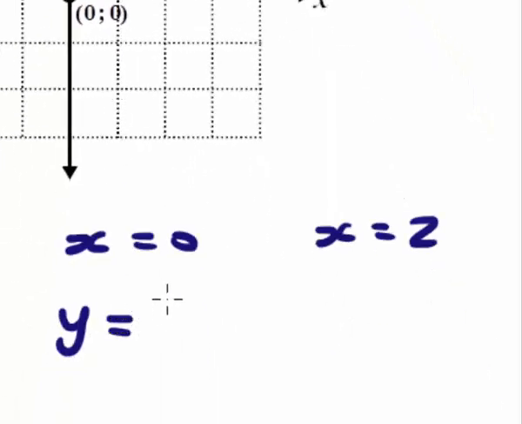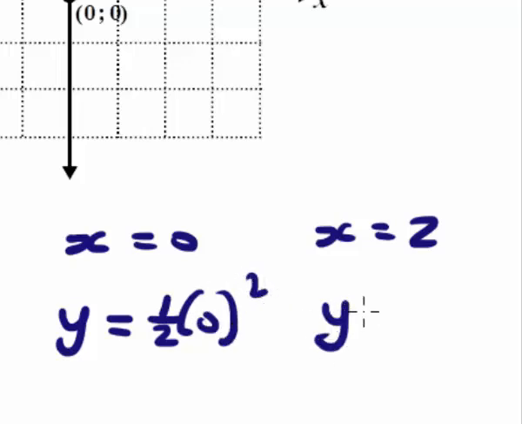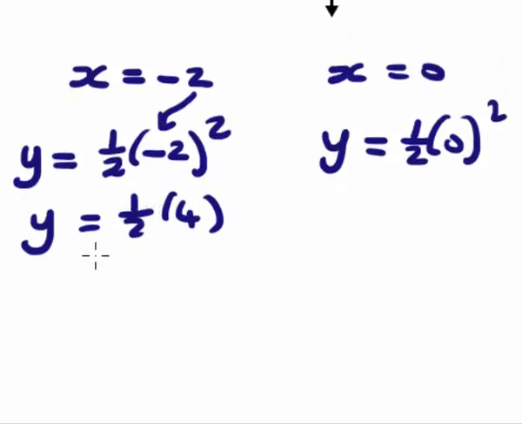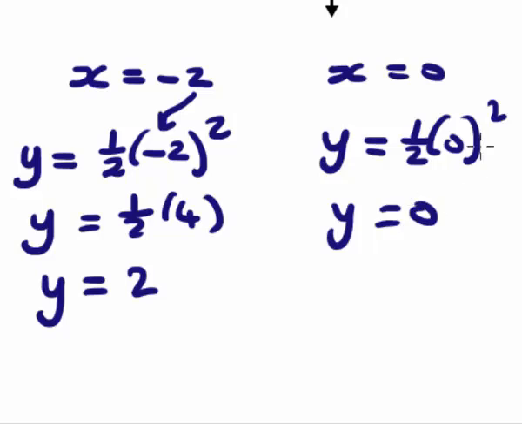So it's going to be a half multiplied by 0 squared, and y is equal to a half into 2 squared. Now the question is, what are the y values? Well, y here would be a half of 4, which gives me 2. And this would give me 0, because 0 squared times anything is just 0.